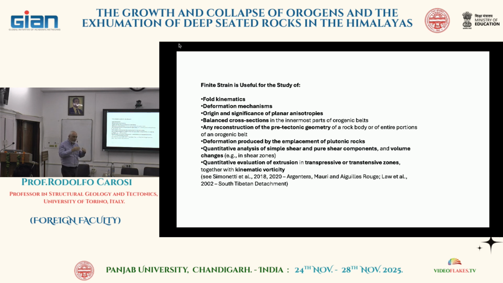But if there is strain inside the bedding, you also have to calculate strain and destrain the bedding before making this kind of retrodeformation, to have a good value of shortening or representation of the initial situation. So every time you have an internal deformation in your bedding, deformed conglomerates, deformed breccias, you have to calculate strain and subtract it from the retrodeformation.